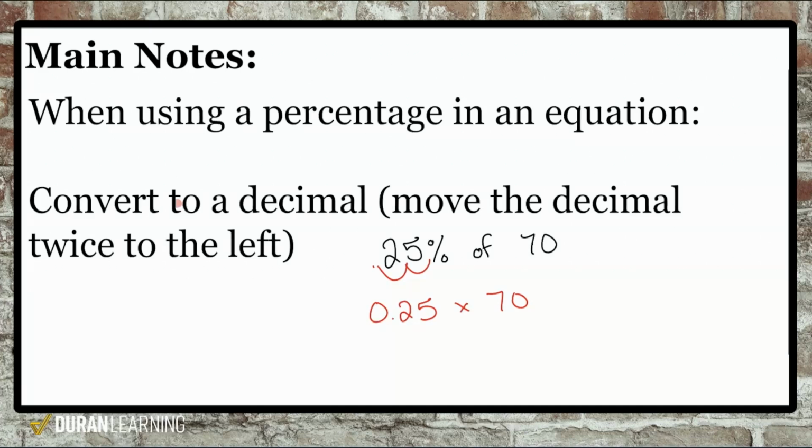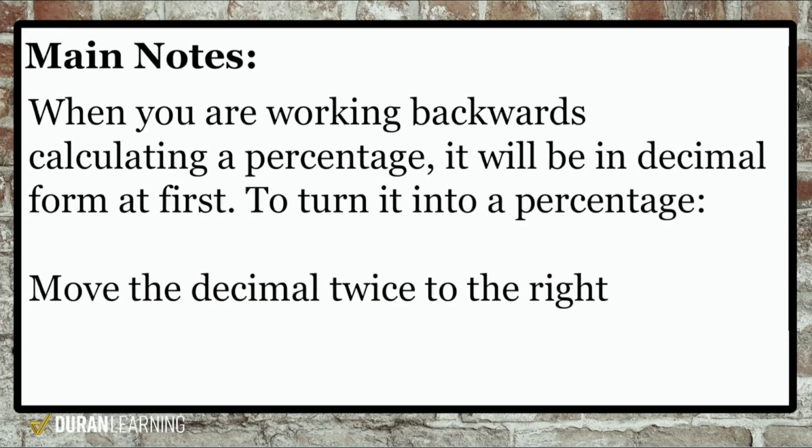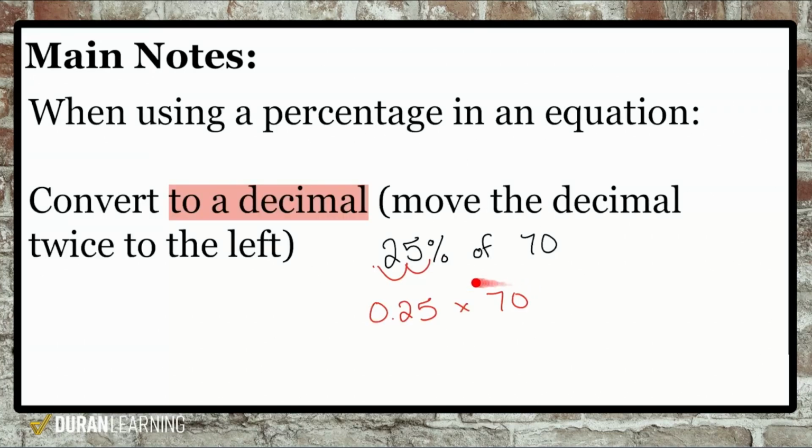So again, just a fresh, quick reminder about how to convert to a decimal. Now, if we are thinking about working backwards, well, we are trying to get the percentage at the end. The problem is, though, when we're solving the equation, what form is that percentage in inside of the equation that we have here?